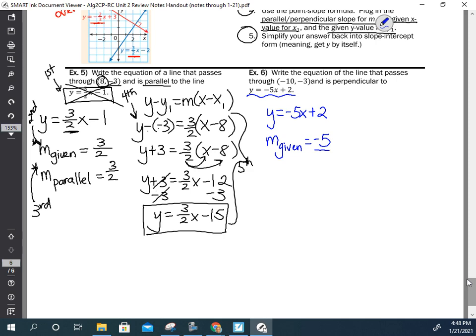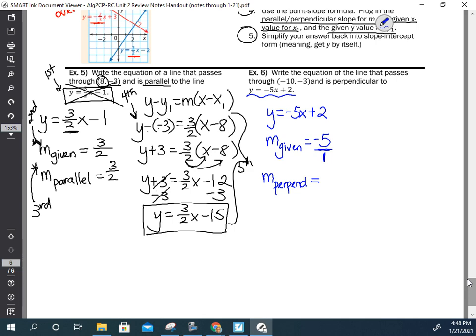We're going to go ahead and put it over 1 because of what we're going to have to do next. If your slope isn't a fraction, go ahead and make it a fraction. Perpendicular slope: you change the sign and you flip the number.